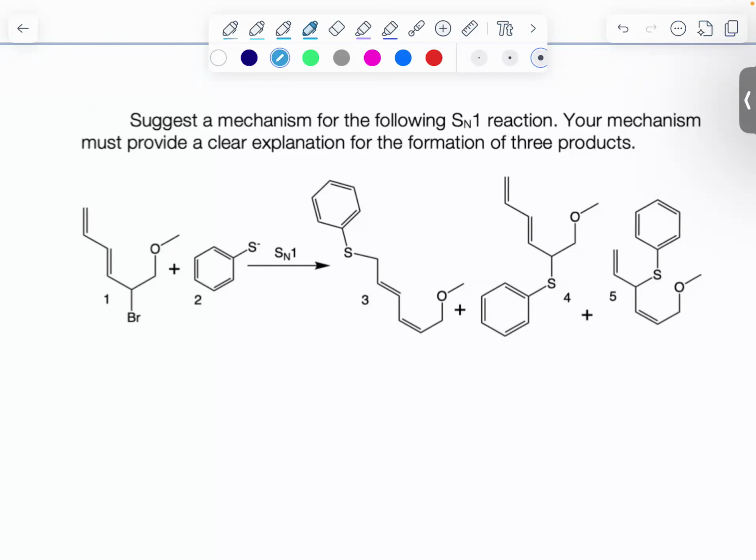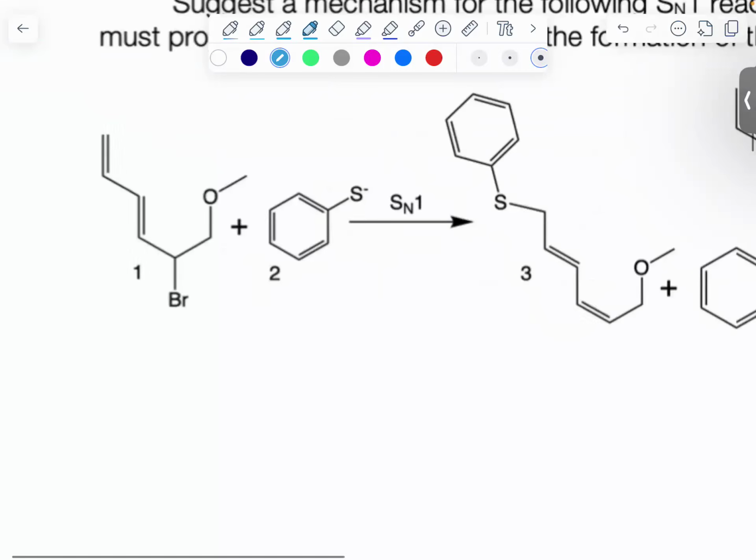So where do I start with this one? Anybody have any thoughts? With the bromine? Yeah. So the first thing you'll see is the loss of your leaving group.